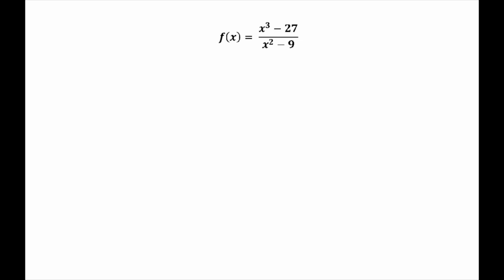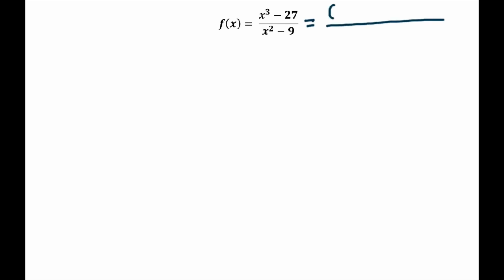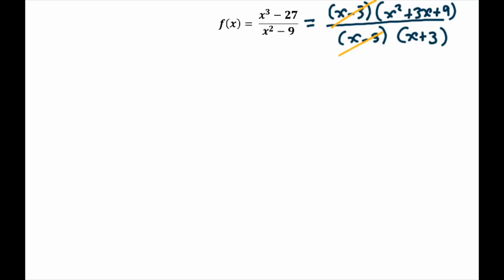x cubed minus 27 over x squared minus 9. Well, I can first factor this function. x minus 3, x squared plus 3x plus 9 over x minus 3, x plus 3. We can cross out these two. What is left?